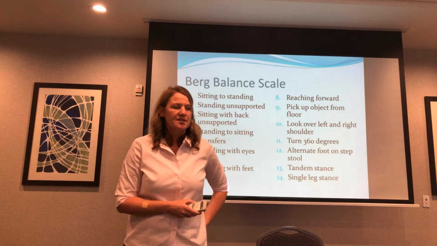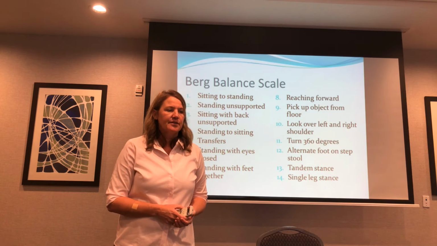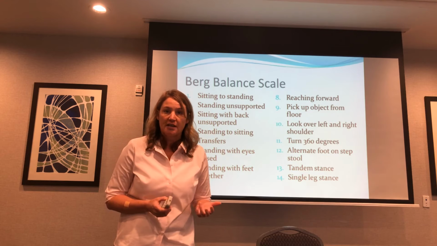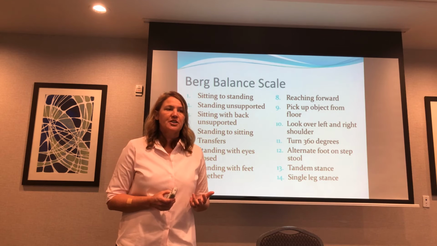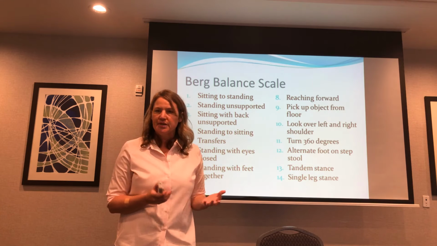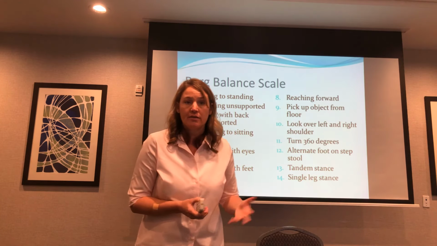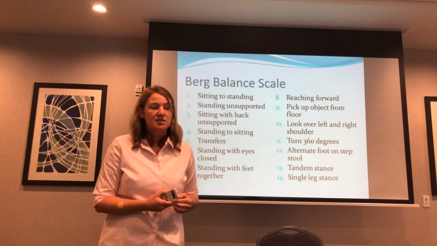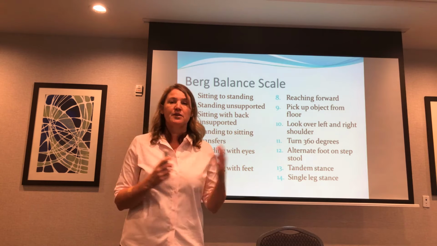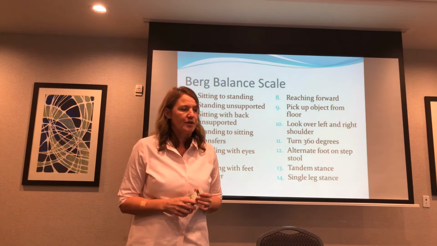So basically it looks at sit to stand: have them move into a standing position, try not to use your hands. You're watching how dependent they are on using their hands, how difficult it is, can they do it, and the quality of the movement. Stand unsupported, so you just have them stand there, the ability to stay standing unsupported.